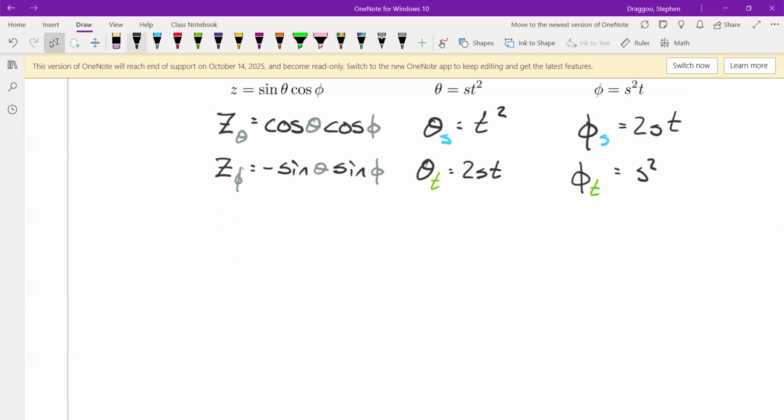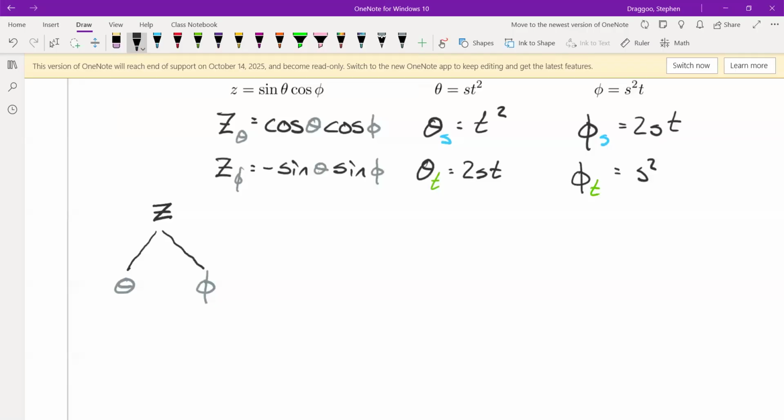So starting with a tree diagram, let's put a z over here. Z I know is a function of both theta and phi. Theta and phi. And I've probably put you just a little bit too close to the edge there, so I'll slide it over.